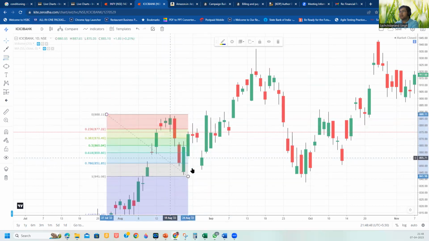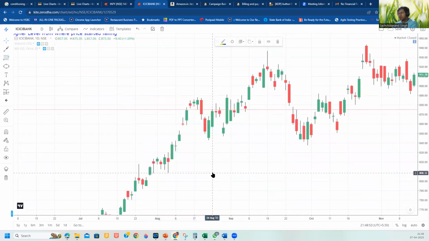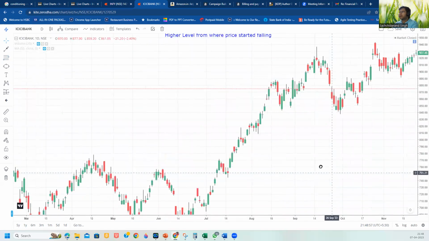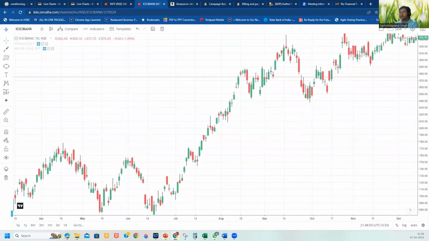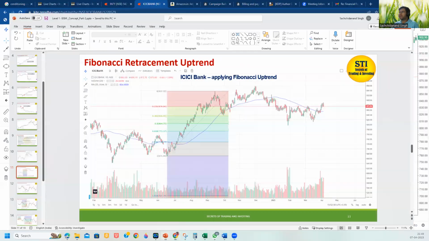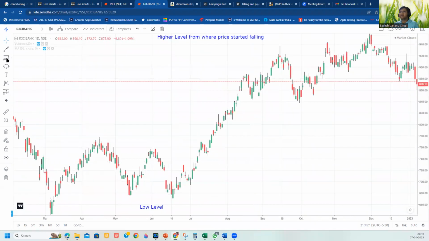One second. There is some technical issue in this today. Okay, so maybe I'll just try explaining from the chart itself, or maybe I'll just try one more time. Let me see. Okay, no.